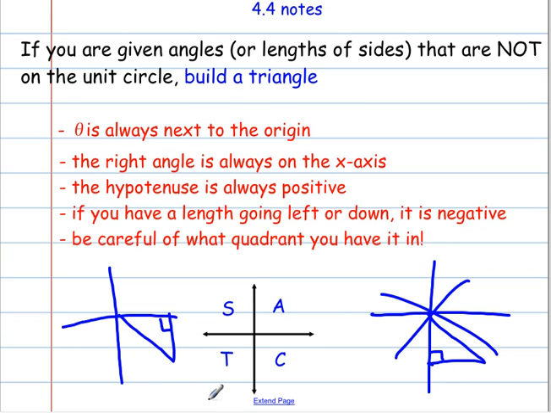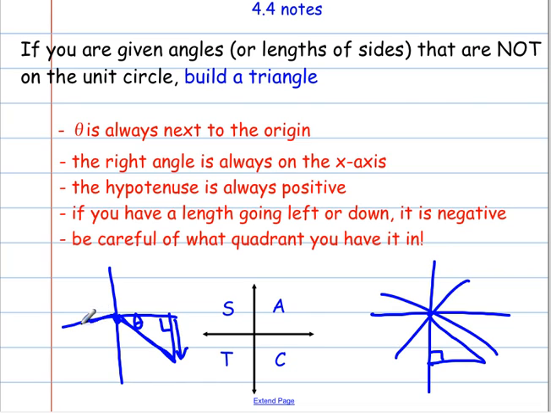And then theta has to be next to the origin. It's not down here. It has to be up here next to the origin. The origin is 0, 0. Okay? The hypotenuse will always be a positive length. It will never be negative. If you have a length that's pointing down, like this one, then it should have a negative value.